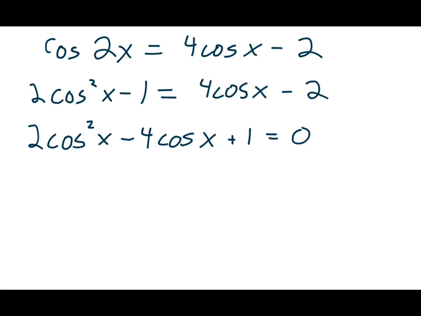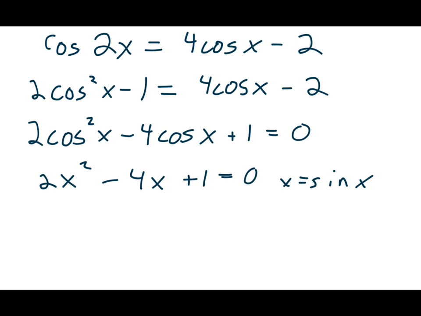Now again, treat this like a quadratic of this form. Okay, but now I have x is equal to sine of x. Okay, so we're going to use the quadratic formula with a equal to 2, b equal to -4, and c equal to 1. Okay, but my solution is sine of x equals whatever it's going to be.